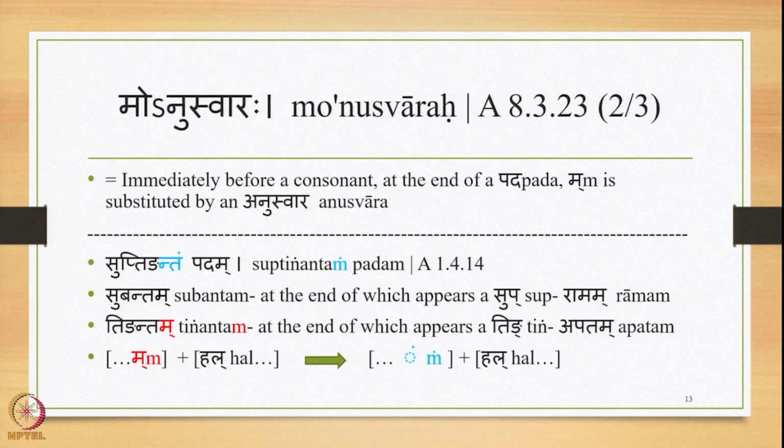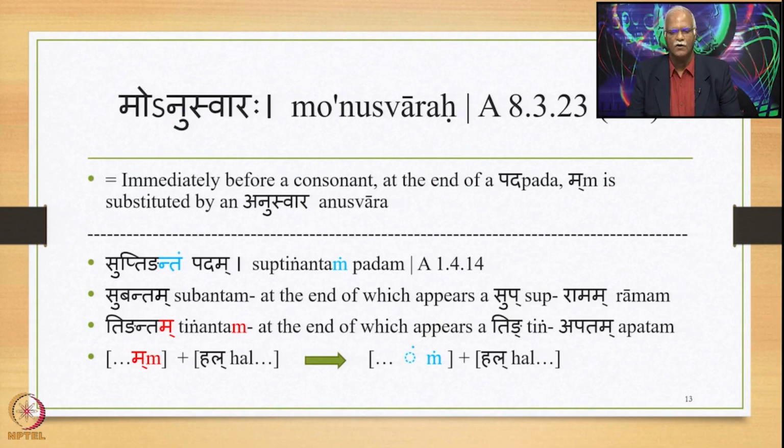So the meaning of Monuswaraha, after having put all these elements together, would be the following. Immediately before a consonant, Hali, at the end of a pada, Padasya, Yena vidhistadantasya, Padantasya, Ma is substituted, Maha, by an Anuswaraha.